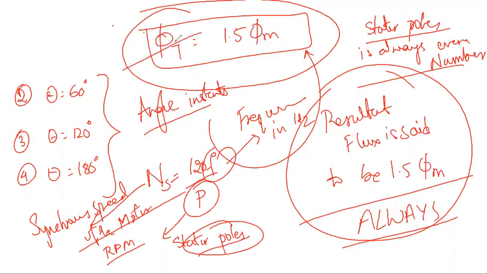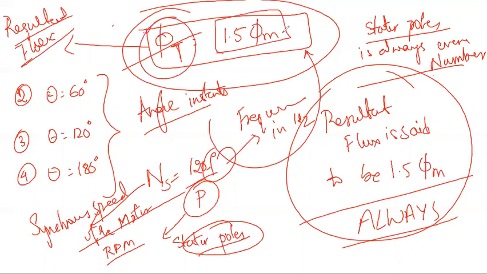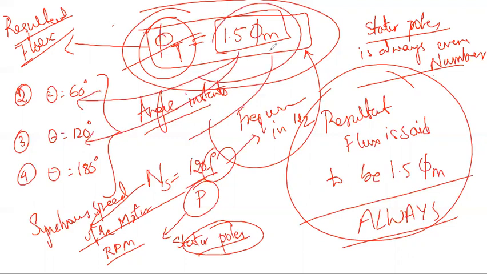You can verify it. So phi t, which is the resultant flux, is 1.5 times phi m. In all the three different cases, it will be 1.5 times phi m.